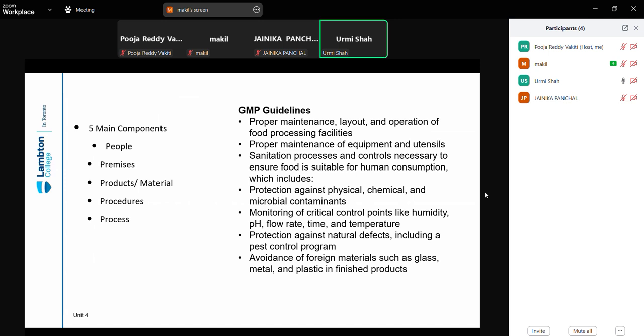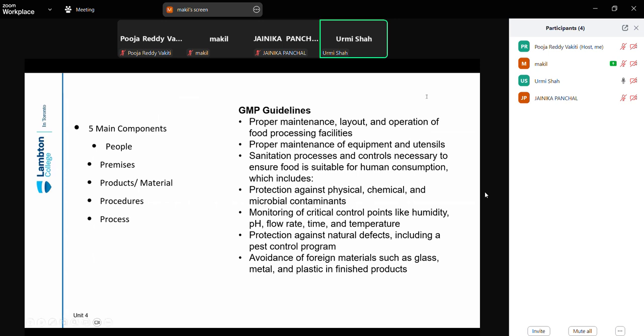Product materials: even if the premises are very clean and the workers are careful, if the quality of the materials used is not good, it doesn't make sense. Procedures: if everything is good but we are not following a standard procedure, it might hinder the quality as well. And process, everything amalgamated, is the main thing to maintain the quality.